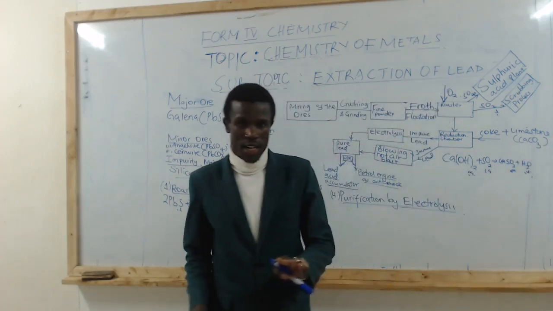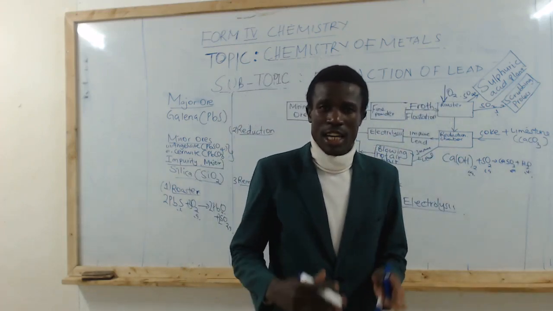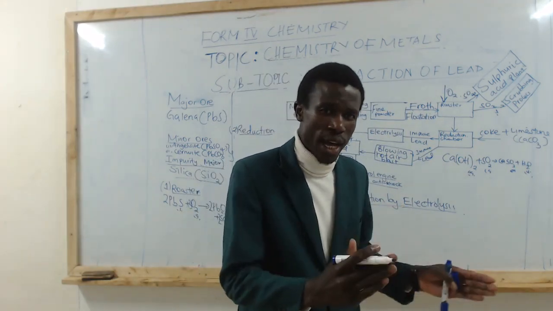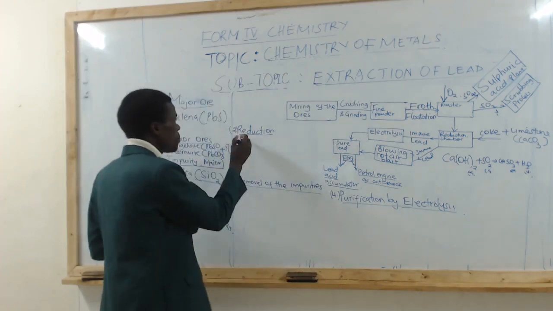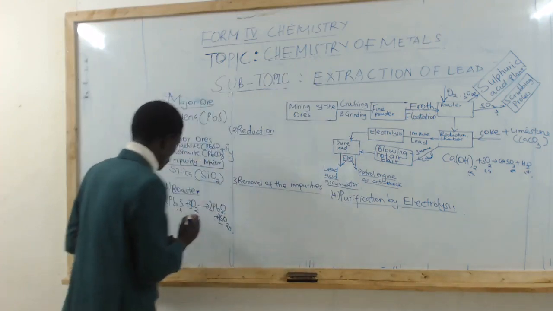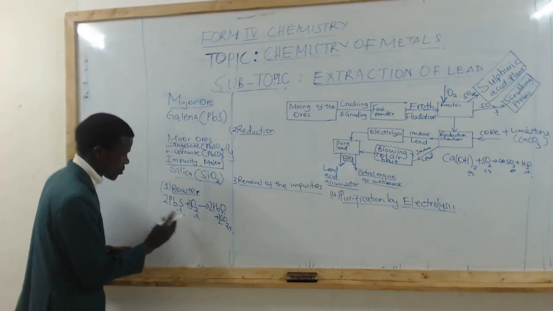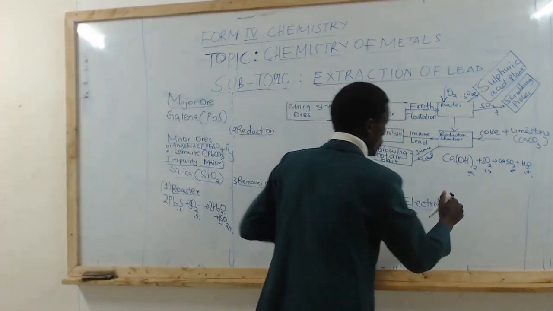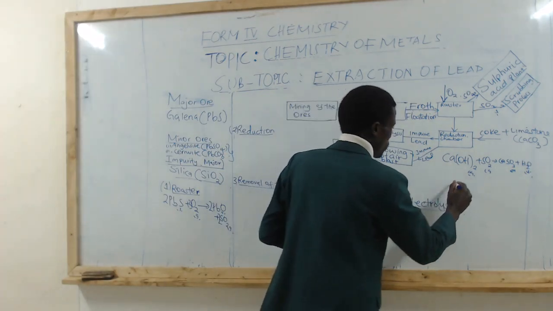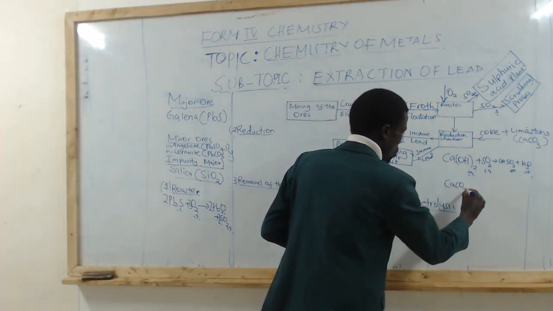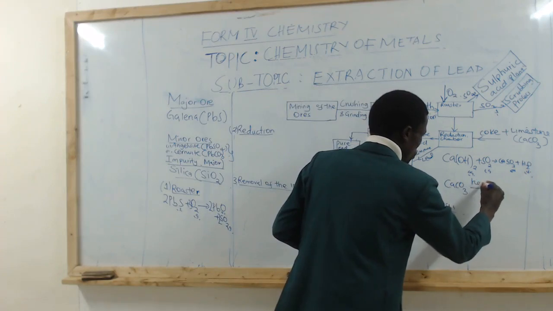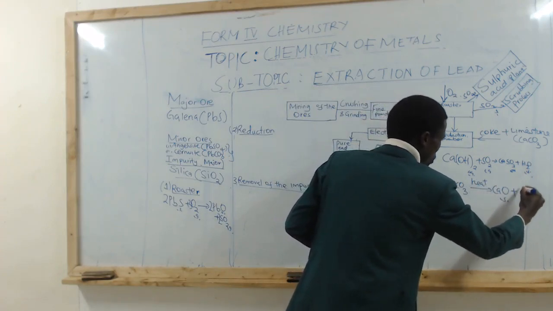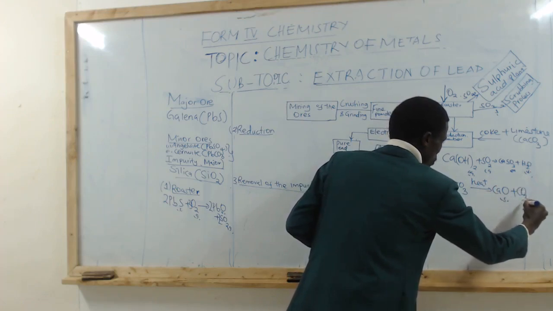Why do we add calcium carbonate and coke? Calcium carbonate will be decomposed to form calcium oxide. So calcium carbonate is decomposed through heating to form calcium oxide and carbon dioxide gas.